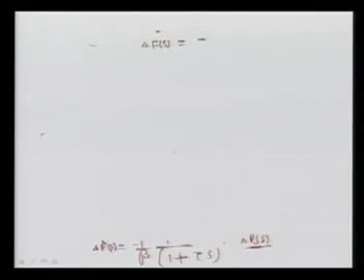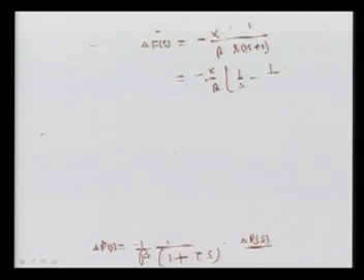I can write minus X upon beta, and then S plus tau S into 1, and it was unity. So we can simply write minus X upon beta, 1 over S minus 1 over S plus tau prime, and then we can solve this.